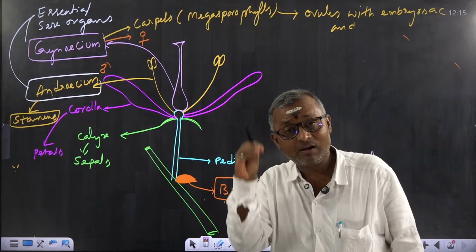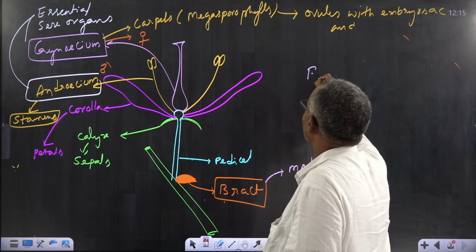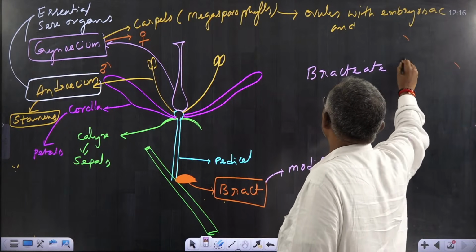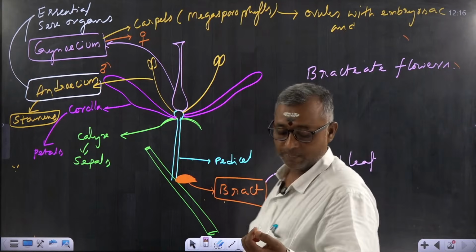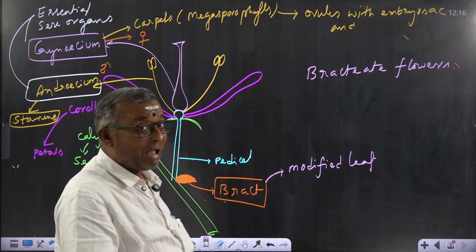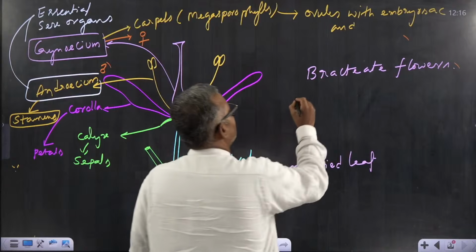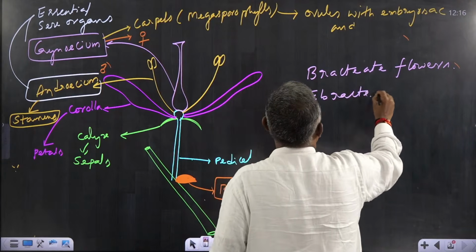If a flower has a bract, such flowers are called bracteate flowers. If a flower lacks bracts, there is no bract in the flower, then such flowers are called ebracteate flowers.